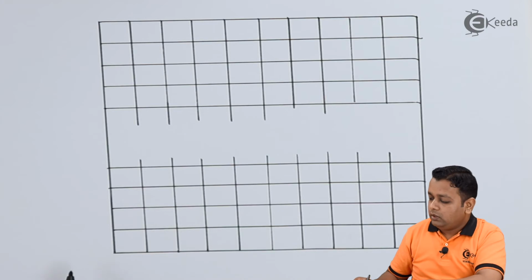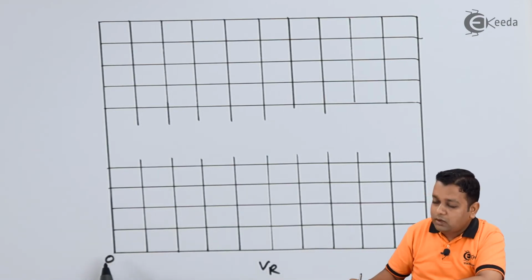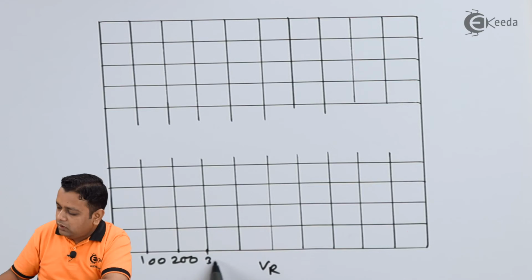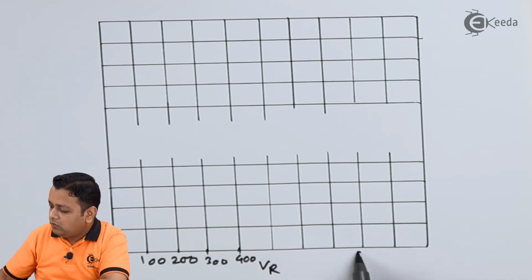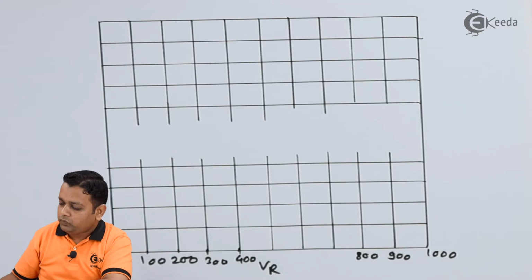So here the repeller voltage VR can be plotted here. So we start at 0, then here we have 100, 200 for this marking, then we have 300, this is 400. So this way we can go up to 800, 900 and 1000 volts here.